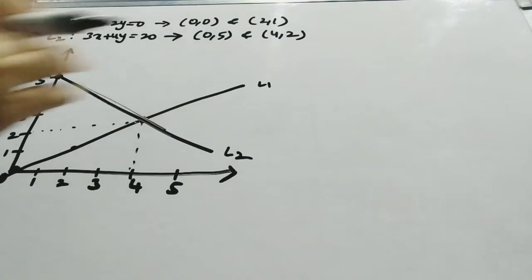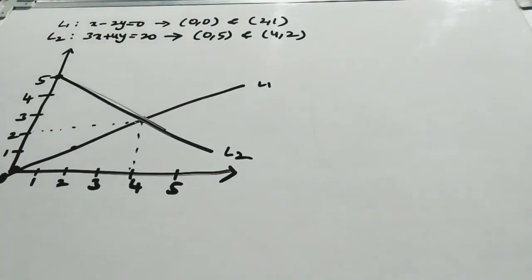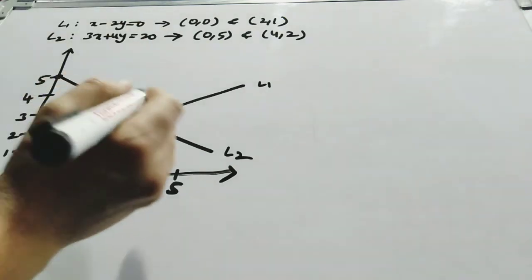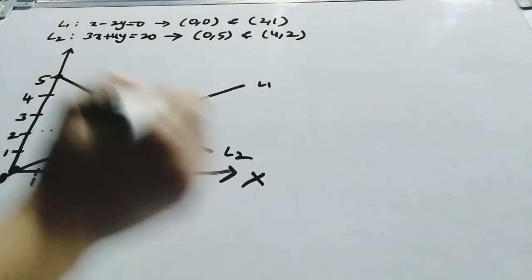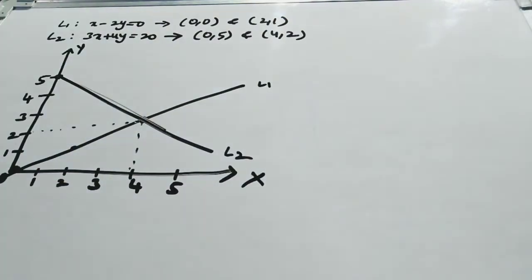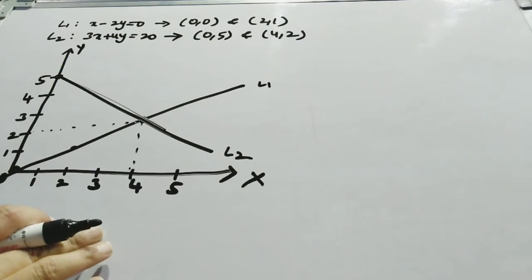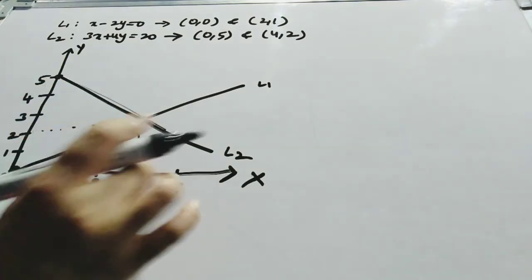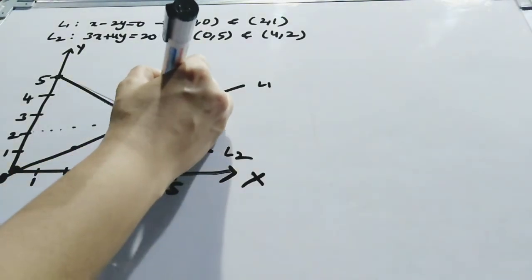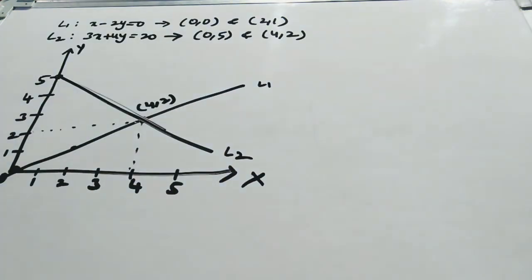The two lines intersect with each other. At what point are they intersecting? This is your x-axis and this is your y-axis. These two lines intersect at 4, 2. Whenever you draw a graph, there are three possibilities we discussed: either the lines intersect, or they do not intersect, or they coincide.